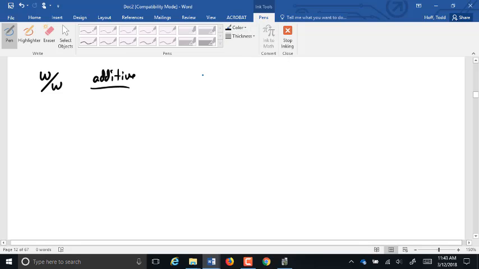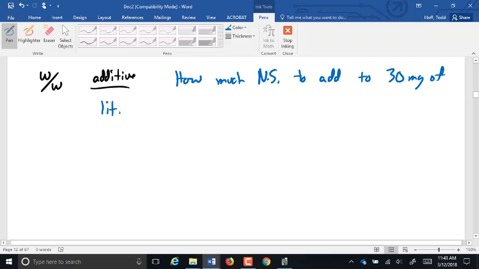So if we want to know how much NS to add to, let's just go 30 milligrams of lidocaine to create a 15% solution.